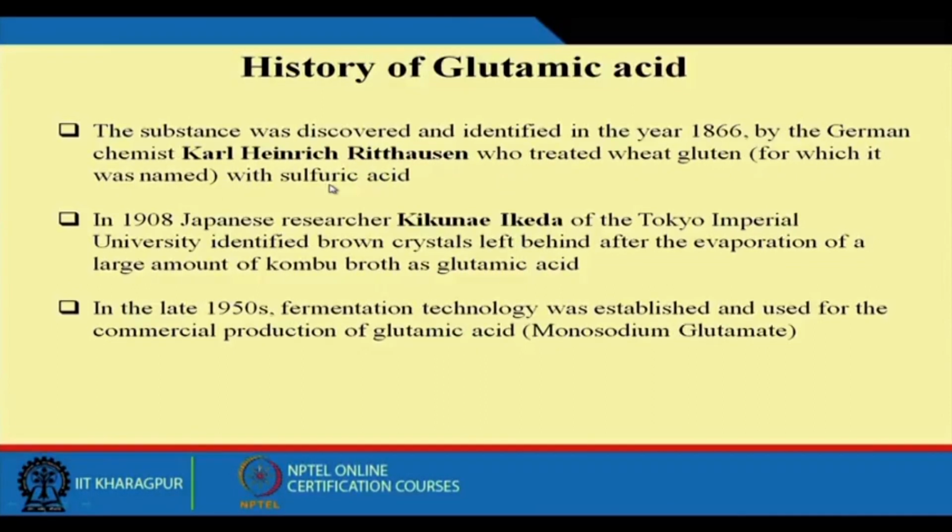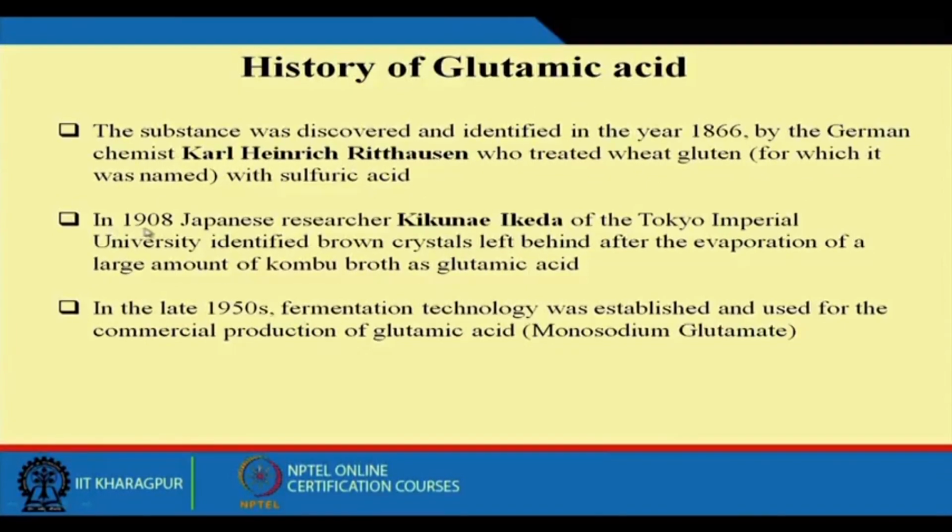We all know that wheat contains a lot of gluten, because that is a kind of protein present in wheat flour. So he treated that gluten with sulfuric acid, and from that he recovered this glutamic acid, and since it is coming from gluten, it is called glutamic acid, because the name has come from that.